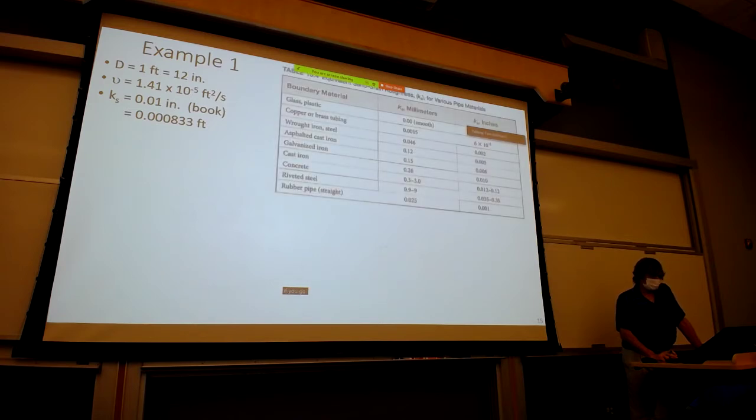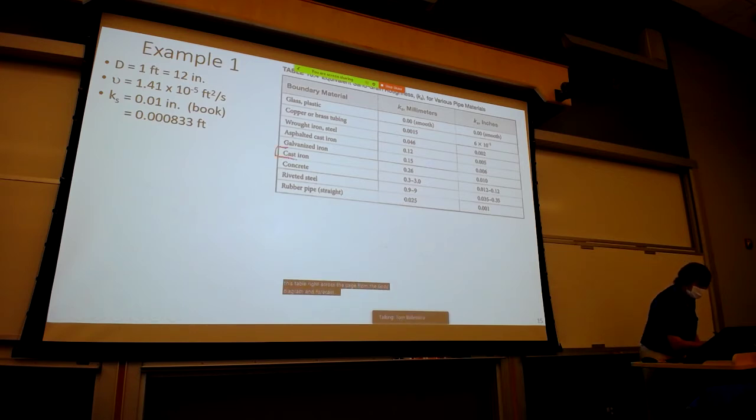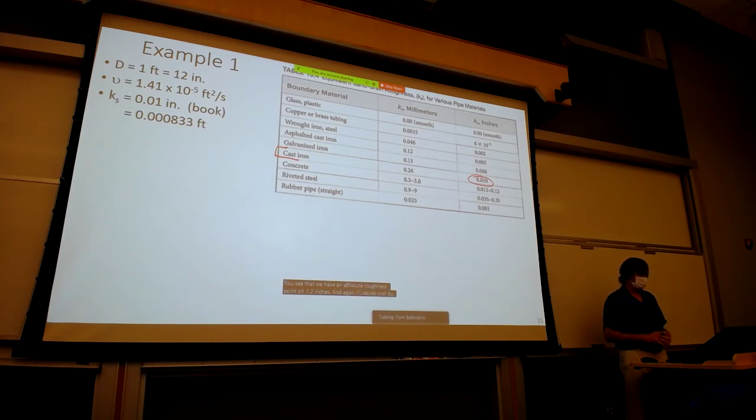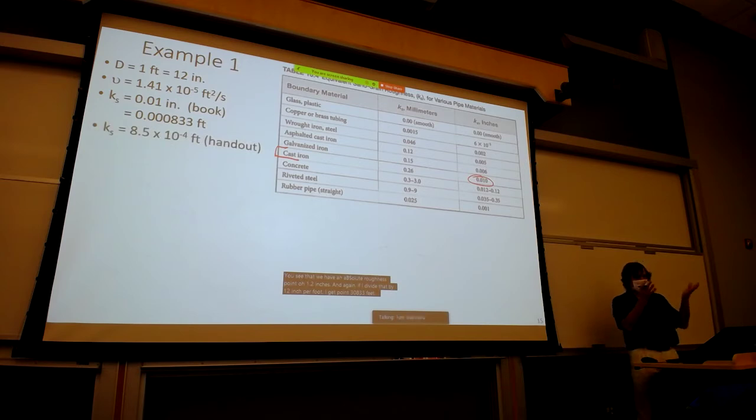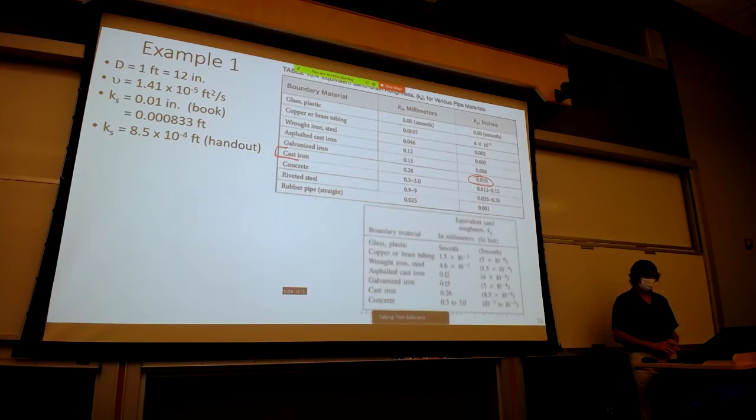If you go to the book, it will have this table right across the page from the Moody diagram. And for cast iron pipe, you see that we have an absolute roughness of 0.10 inches. If I divide that by 12 inches per foot, I get 0.00833 feet. In the handout that I gave you, in the lower left-hand side is a table that looks like this.